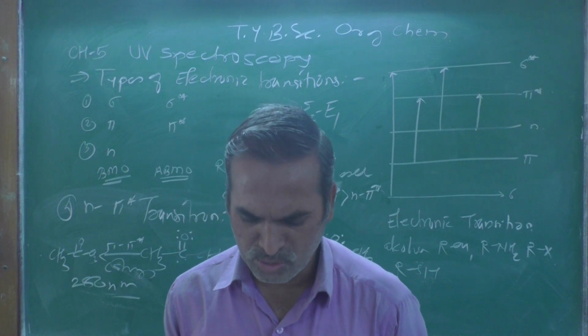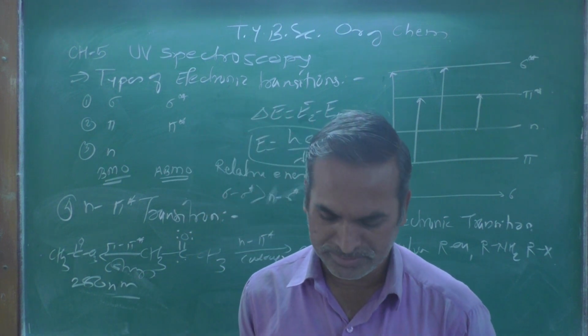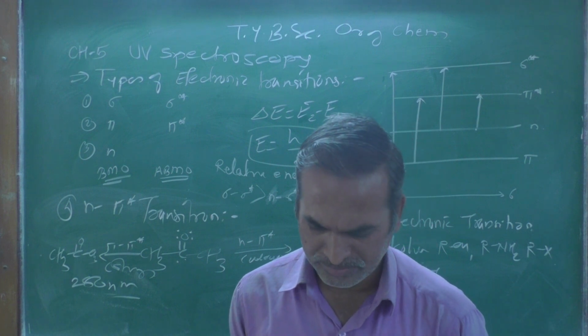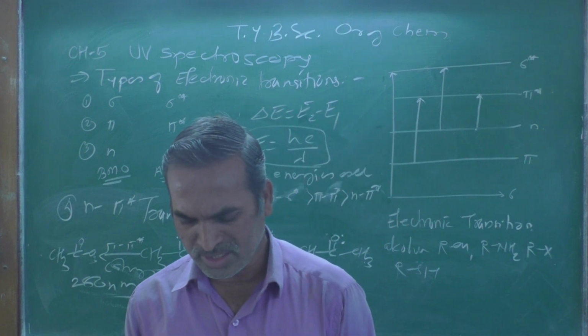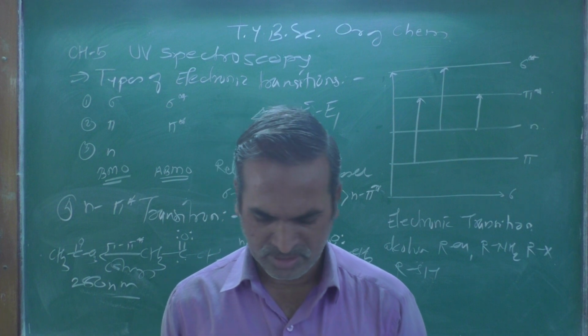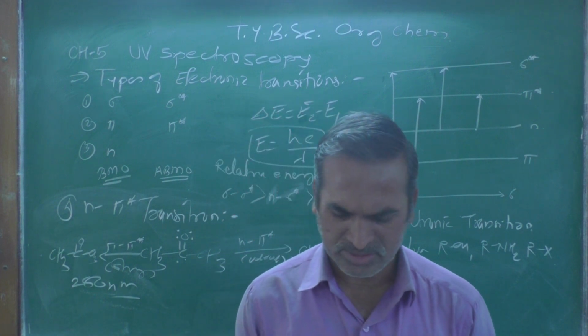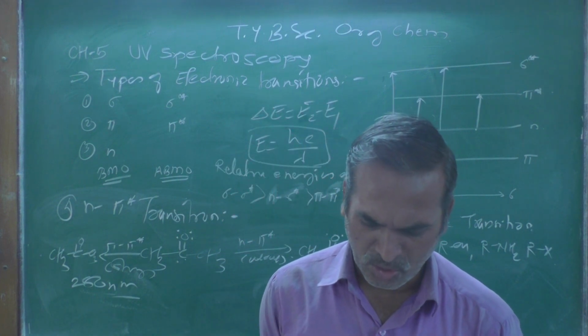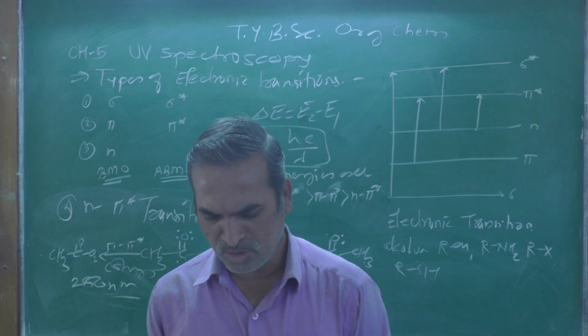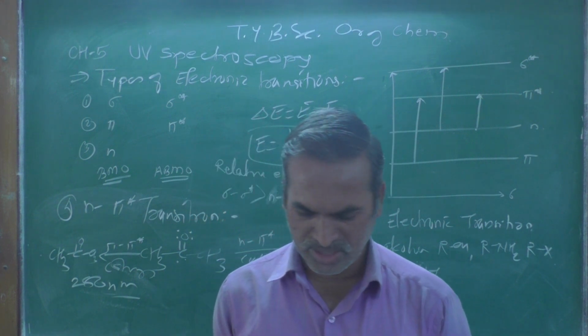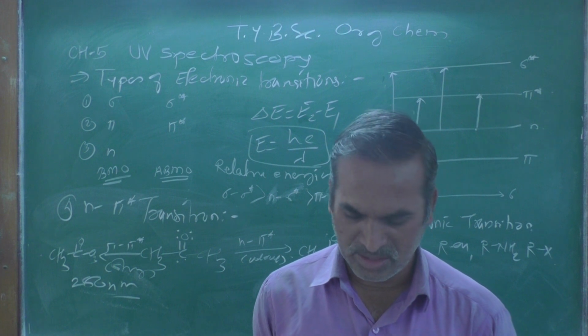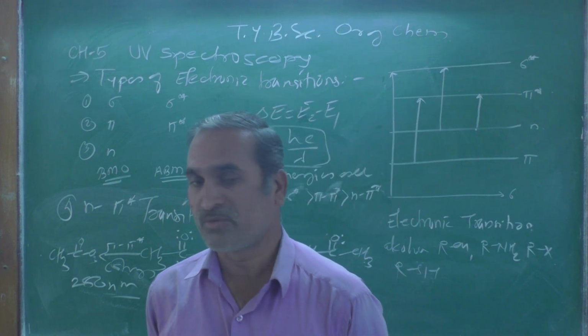Epsilon values are also affected by solvent polarity. Polar solvent increases epsilon value for pi to pi star transition, whereas non-polar solvent increases epsilon value for n to pi star transition. Consider these examples we have seen.